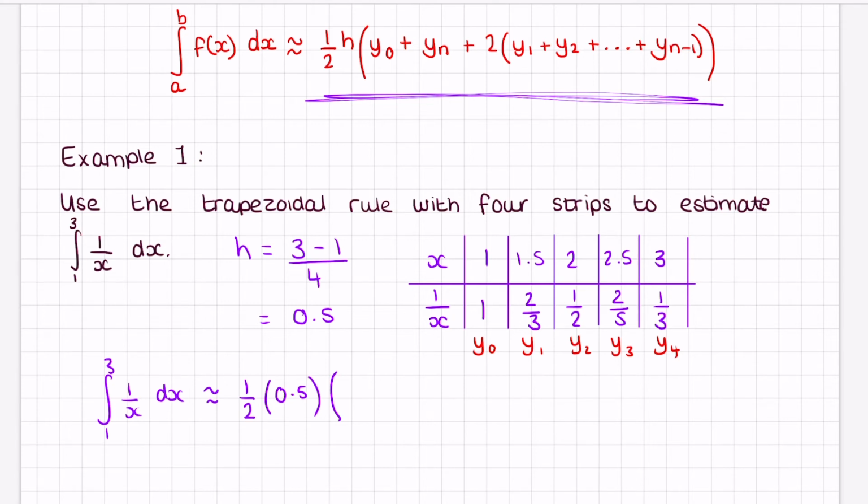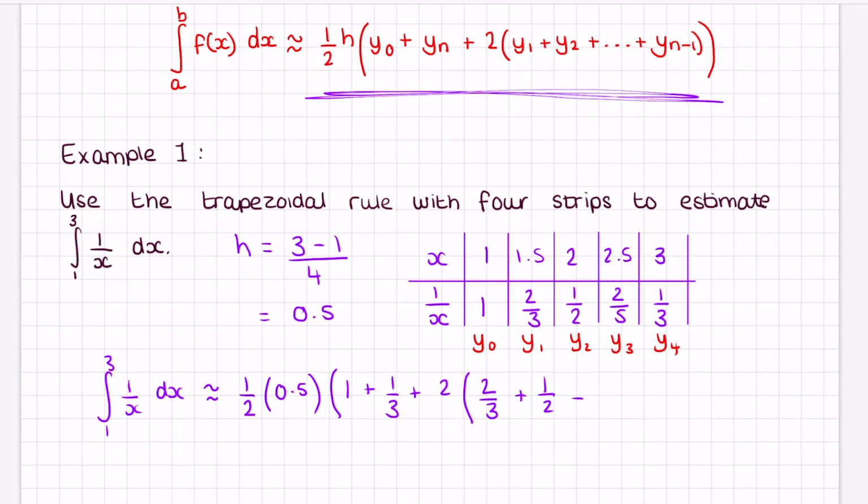So in this case, it would be 1 plus 1/3, our first and last numbers, plus 2 times all the numbers in the middle of the table added together: 2/3 plus a half plus 2/5. Put that straight into your calculator and we'll find the approximate area would be 1.12.